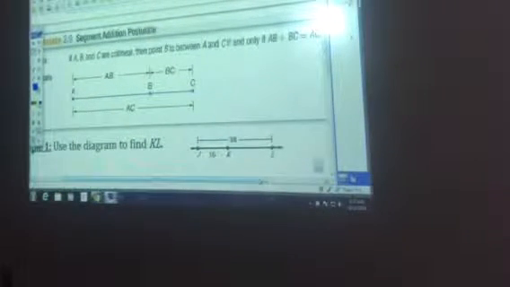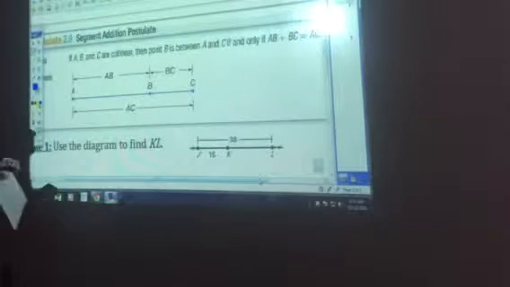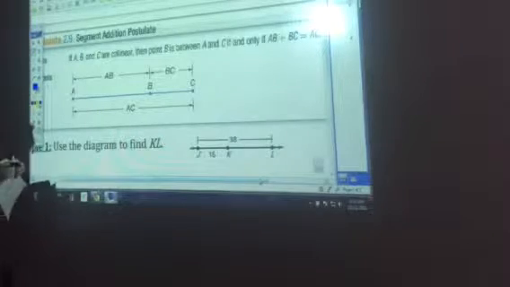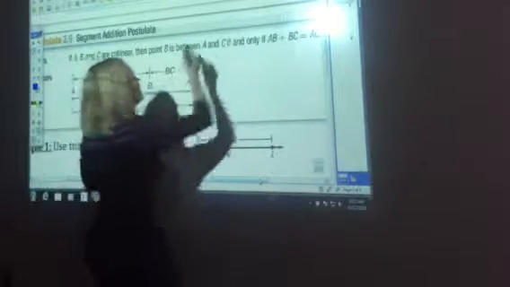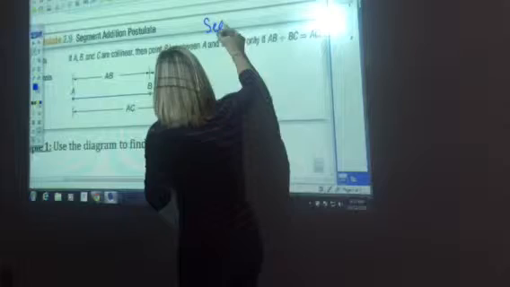So today's lesson, 2.8, is going to feel very similar to what we did in Chapter 1. Our first postulate that we're going to talk about today, and what we've mentioned before, is what we call the segment addition postulate.